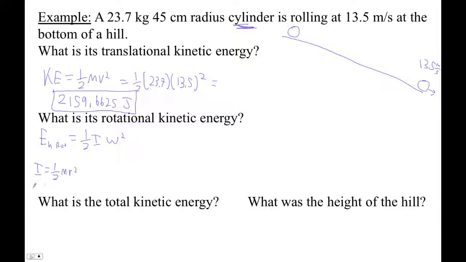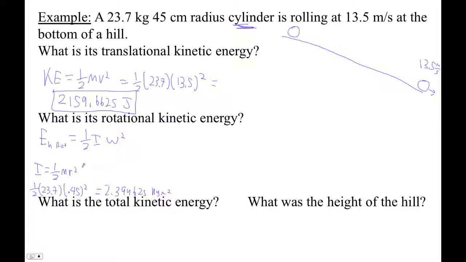So that's going to be 1/2 times 23.7 times our radius, 0.45, squared. Are you ready? 0.5 times 23.7 times 0.45 squared. That's 2.399625 kilogram meters squared.